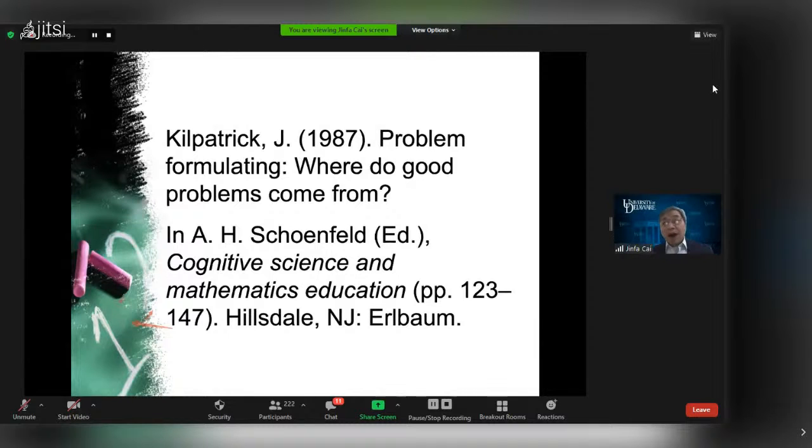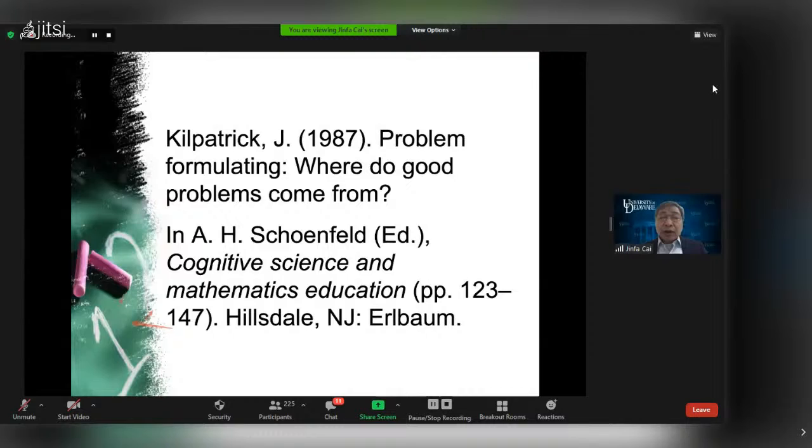He even hypothesized that how well one can pose a problem may be an important indicator of how well the person is able to solve problems. He proposed this hypothesis theoretically.